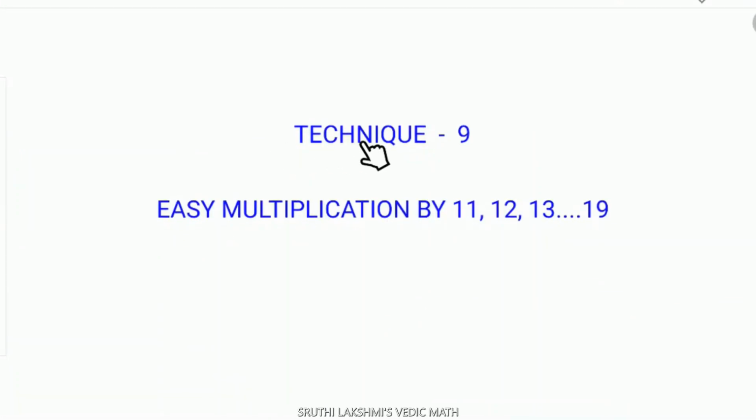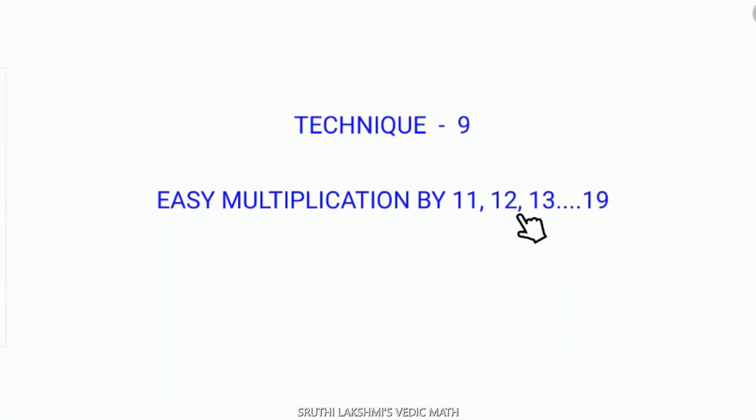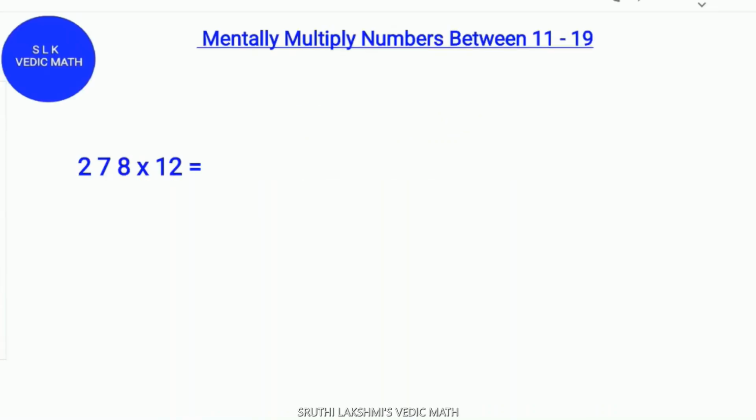Now, let's see the 9th technique. Easy multiplication by 11, 12, 13 to 19. Let's try an example: 278 times 12. First, write the first digit 2 down as it is. Next, multiply this 2 with 2. Why multiply with 2?